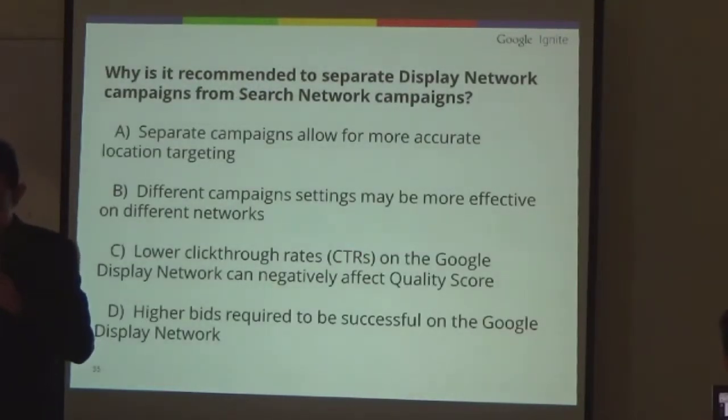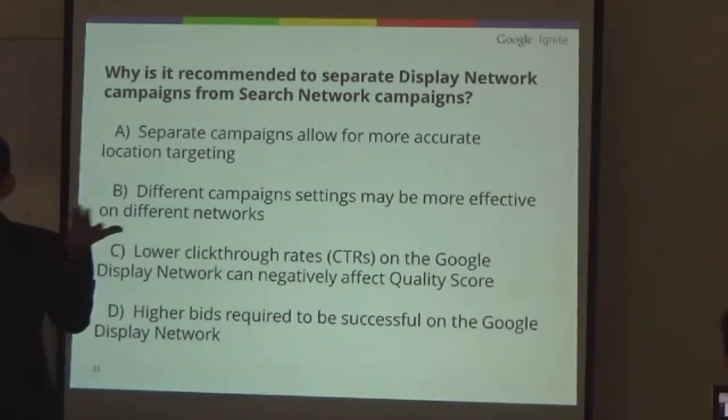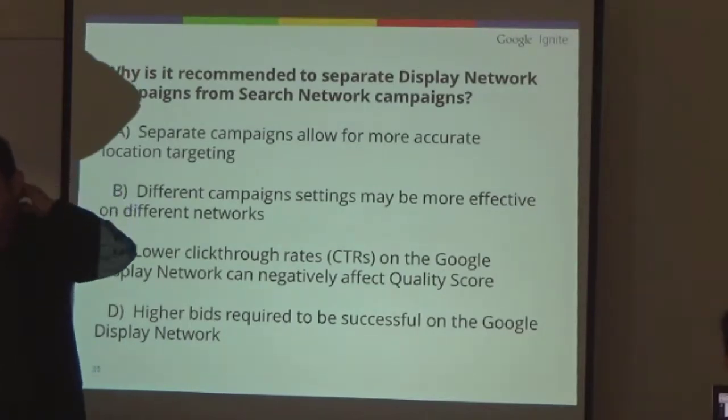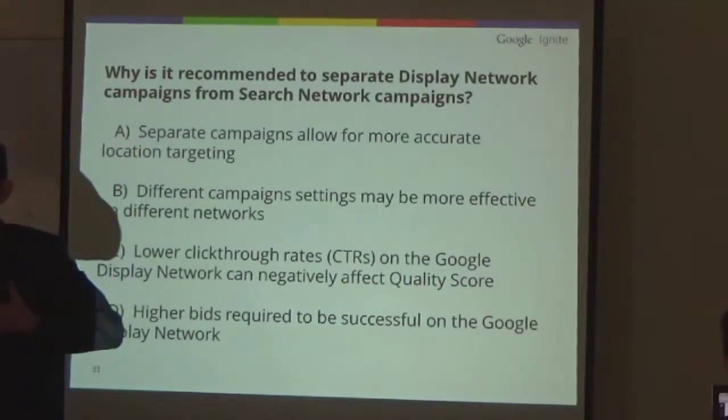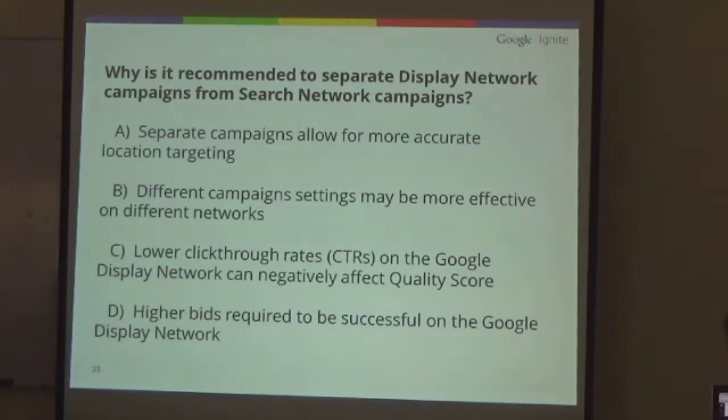Next question. Why is it recommended to separate display and search? Why? A. Separate campaigns allow more accurate location. True or false? Is it because you want to have more accurate location targeting, that's why we separate search and display? Okay.